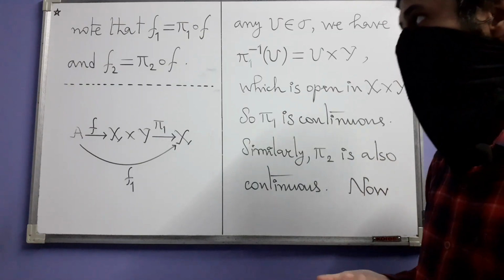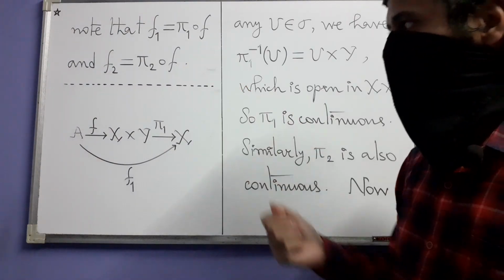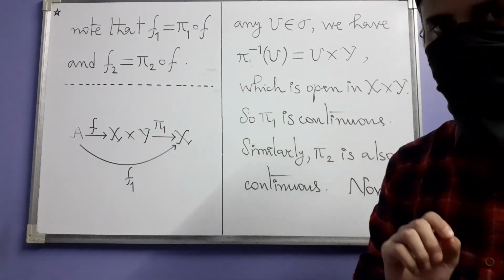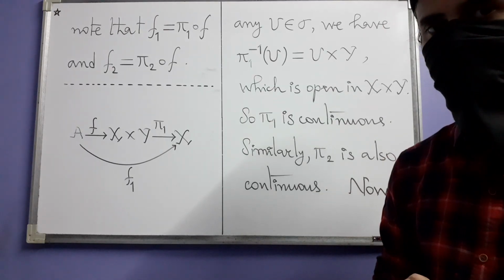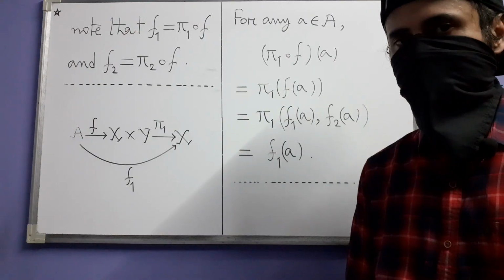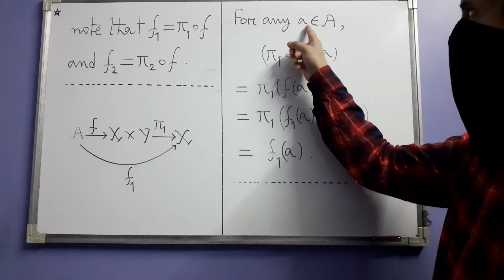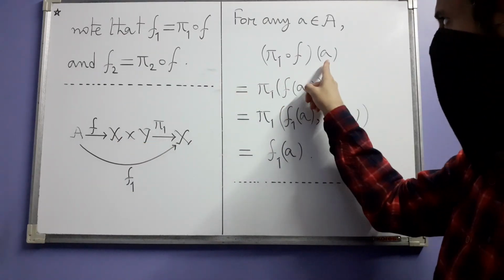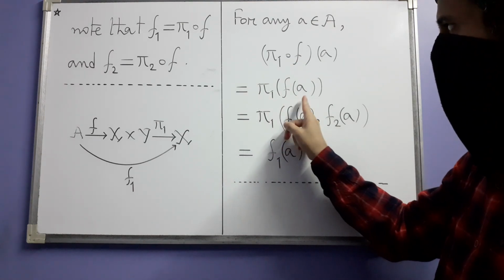Now is it really true? When we compose these two and apply that on any element of A, whatever output we get, is that the same output that f1 also gives us? So we do that and see if we really get it. So we take any element a in A and then apply this composition on a. By definition of composition, this equals pi1 of f of a.